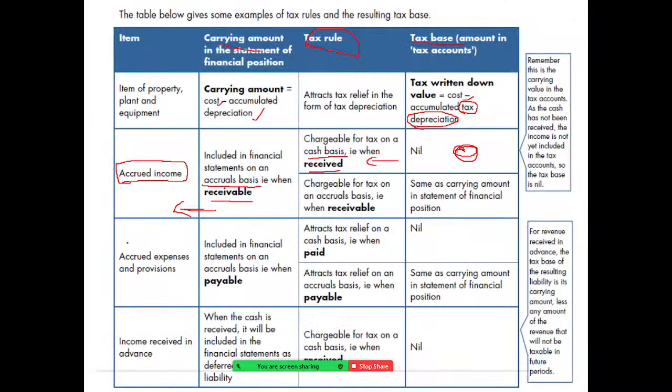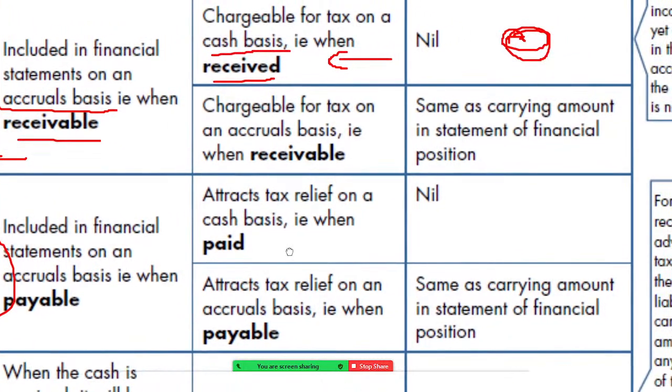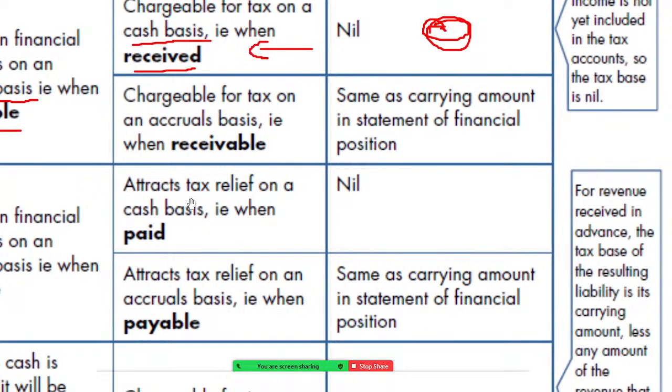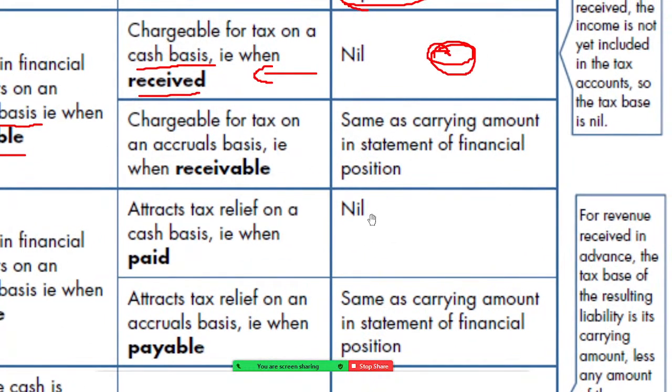So those two are about accrued income. Here, liability, accrued expenses. Here it is included in the financial statement on accrual basis, that is, when payable. The accountant will immediately record it. He does not wait until it is paid in cash. So when the tax account is treated on a cash basis, the tax base is nil.